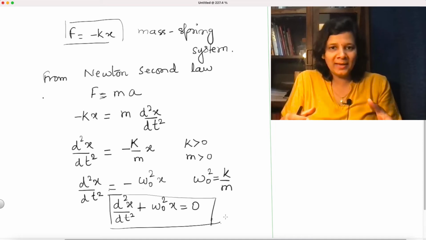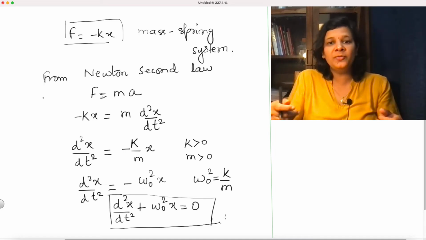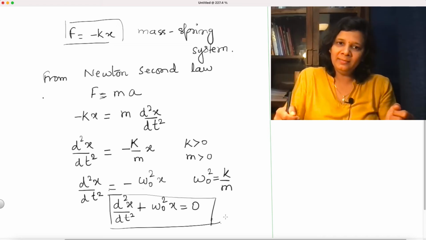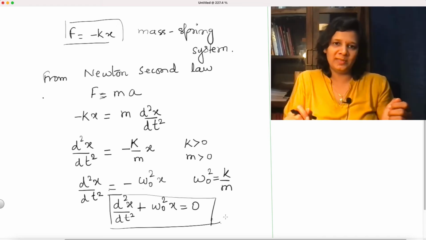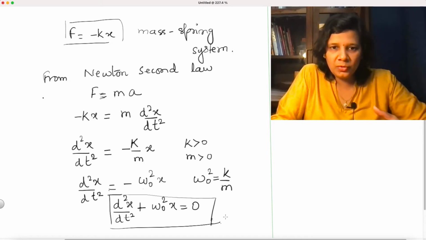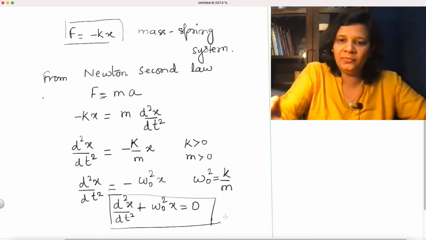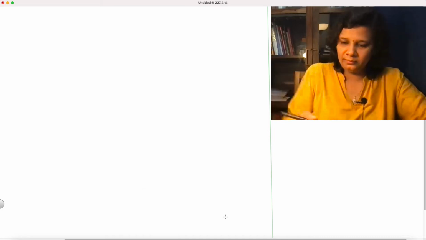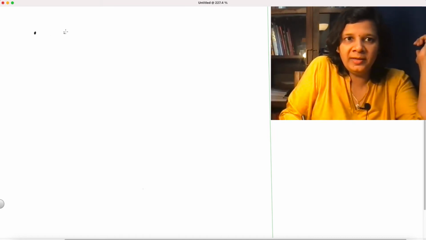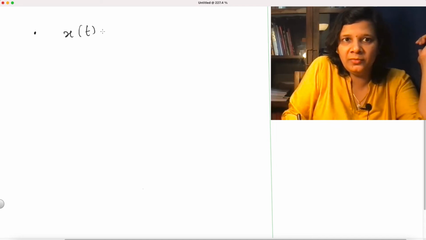So basically I would like to know x as a function of t. Still that I don't know. If I know that, then I know everything about my system. So this is our next goal, to find x as a function of t.